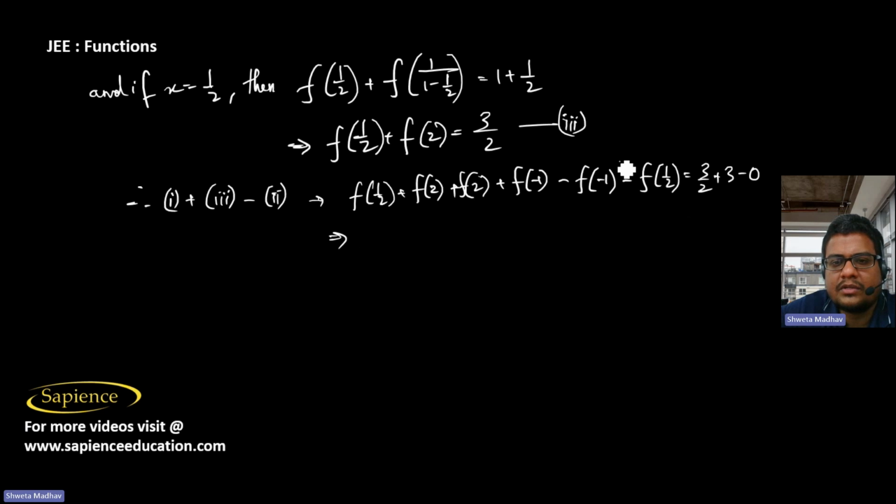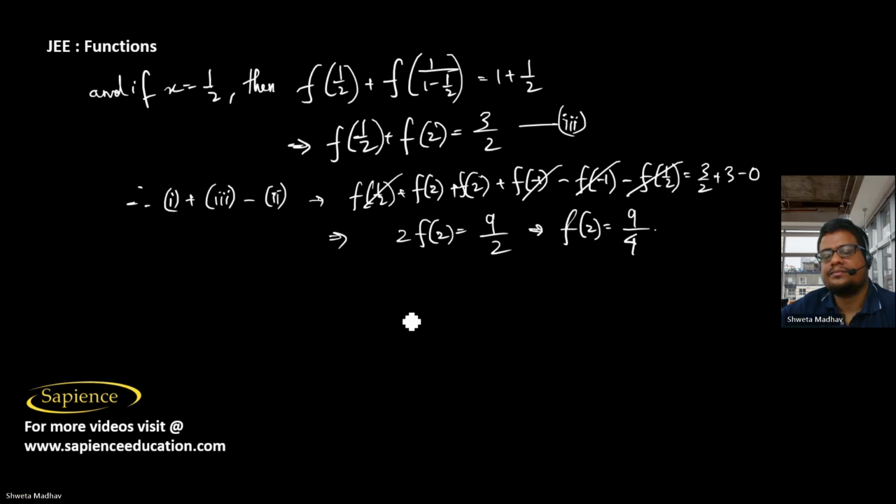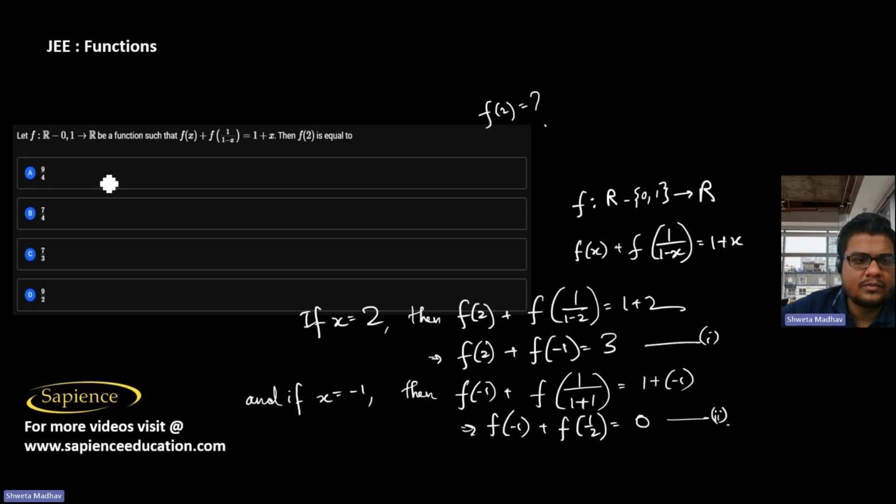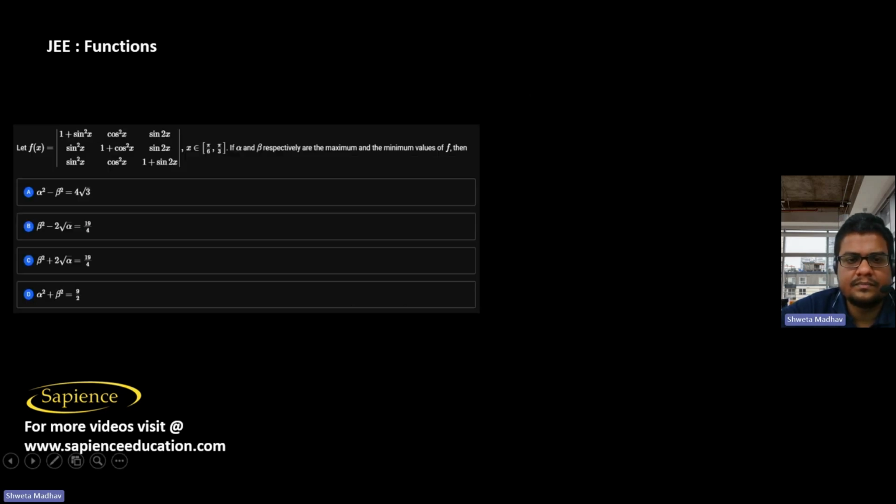So here f of minus 1 will get cancelled, f of half will get cancelled. So we will get 2 f of 2 equal to 2 3 is 6, 9 by 2. Therefore f of 2 will be equal to 9 by 4. So f of 2 is 9 by 4, and option A is the correct answer.